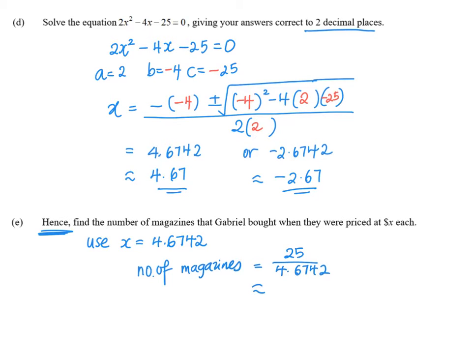I have an answer of 5.3485. What am I going to do? The number of magazines that can be bought. Am I going to round up or am I going to round down? So in this case, if I round up, there will not be enough money to buy 6 magazines, right? So I will have only 5 magazines.